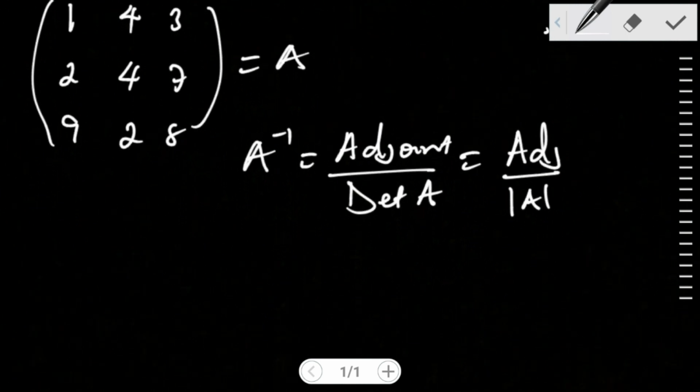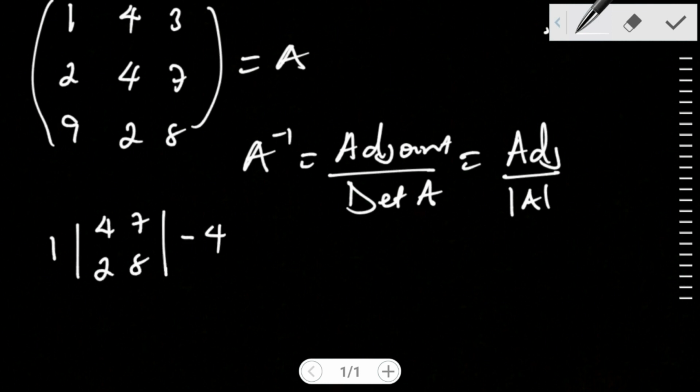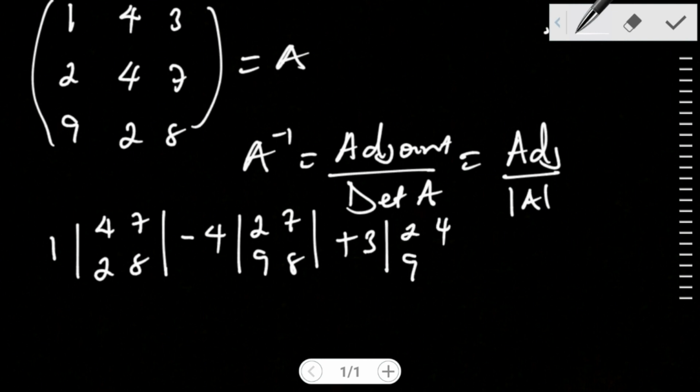This is going to be 1 as a cofactor times the determinant of 4 7, 2 8, minus 4 times the determinant of 2 7, 9 8, plus 3 times the determinant of 2 4, 9 2.